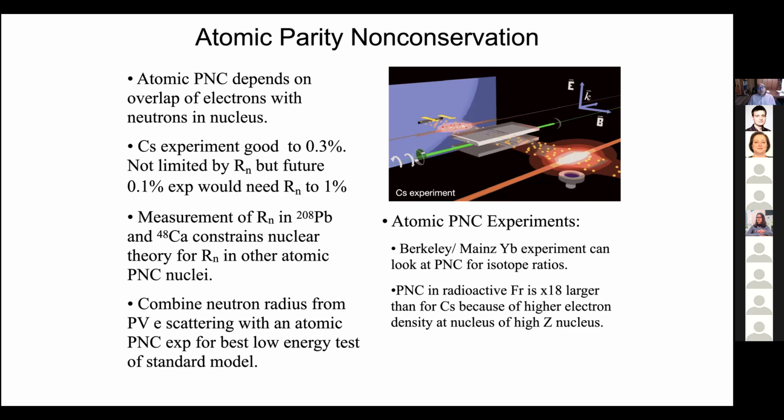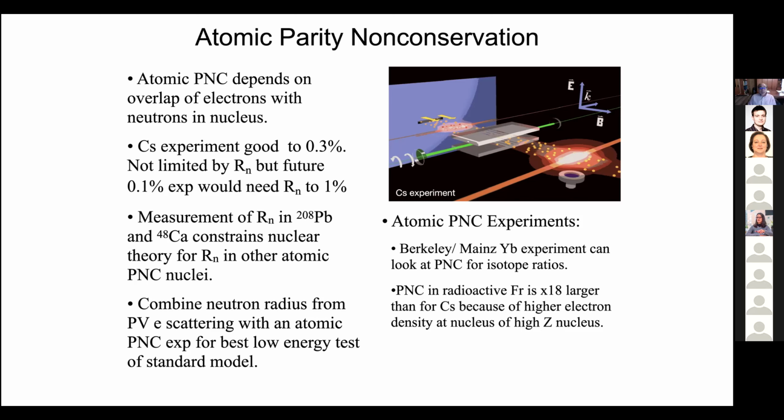The existing Colorado cesium experiment measures the weak charge of cesium to about 0.3%. This experiment is probably not limited by uncertainty in the neutron radius, but a future, somewhat more accurate parity experiment would need to know the neutron radius to 1%.